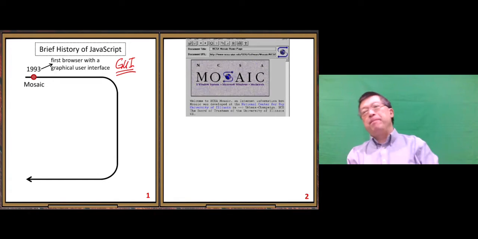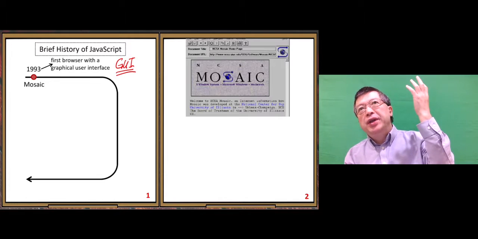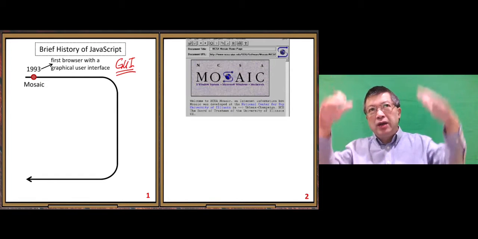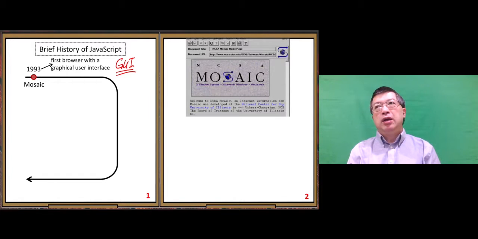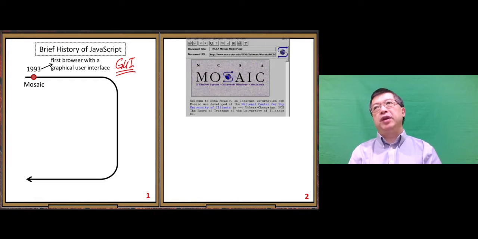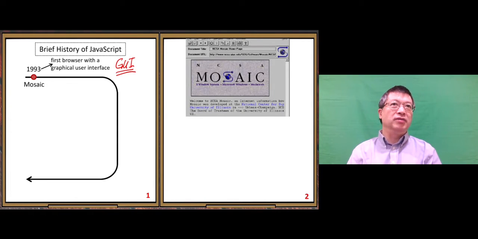But at that time, how did people get news, how did people read articles and information? I still remember how I read the news at that time. Usually we used FTP. So we used a Unix machine, because at that time Unix machines were very popular.